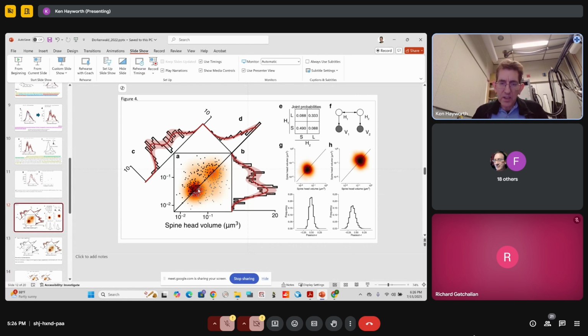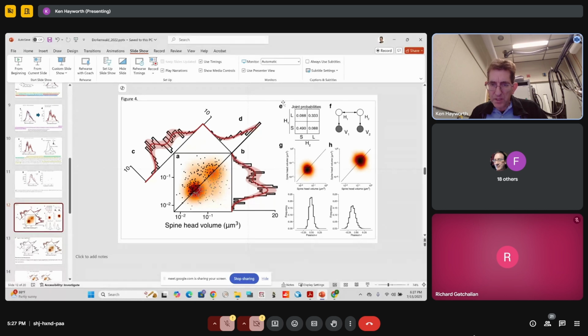There is a hotspot here in the small range and a hotspot here in the large range, and they're quantifying that with this heat map that is coming from fitting their binary model.